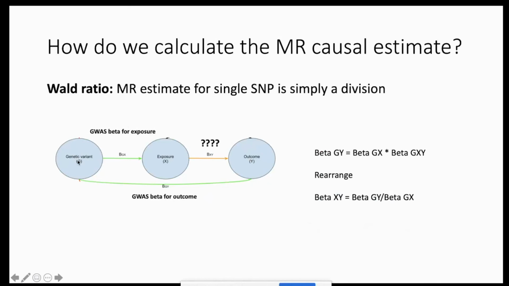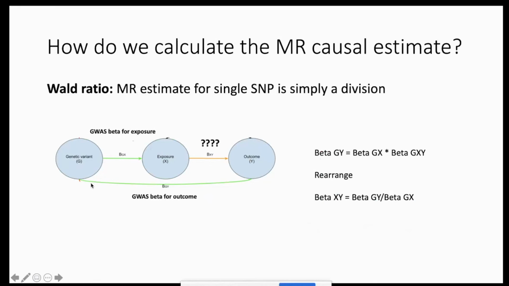So we look at what is the association between the genetic variant and the exposure. And then we look at the genetic association between the variant and the outcome. And once we have these two green associations, we can then do some simple rearranging to find, well, what is the association between the exposure and the outcome.